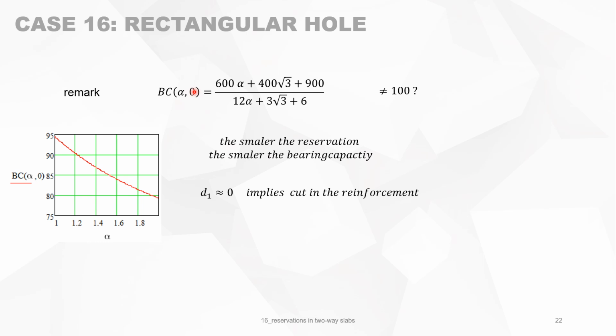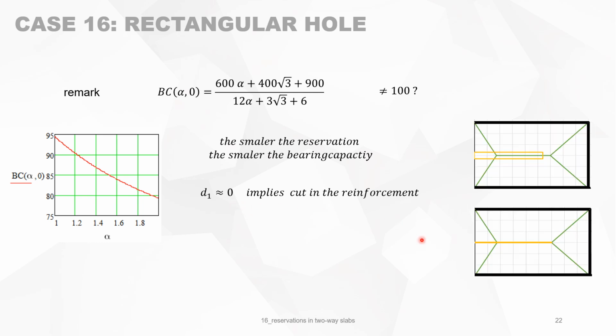So now, when D1 is 0, then in fact it implies that the yield line is cut. I'll give you an example. This is a very small reservation in the slab. So in the limit, when this is getting to 0, I should reach 100%, which is not the case.